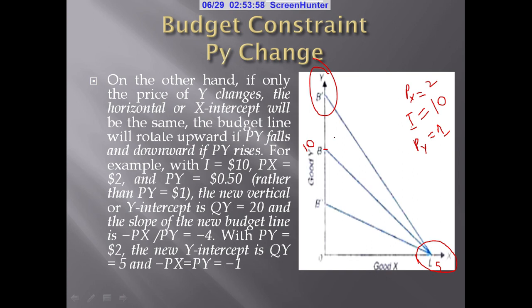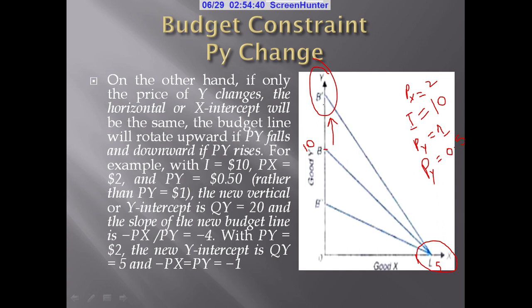But if the price of Y decreases, now we assume that the price of Y decreases from 1 to 0.5. When the price of Y decreases from 1 to 0.5, the vertical intercept increases because now the consumer is able to consume more units of commodity Y. Commodity Y is relatively cheaper now, and because of the decrease in the price of Y, the purchasing power of the individual to purchase commodity Y increases.